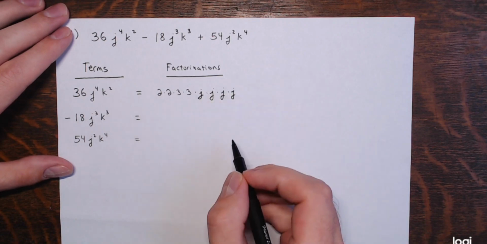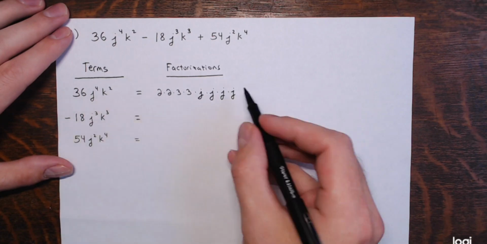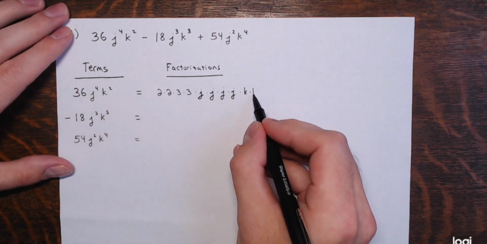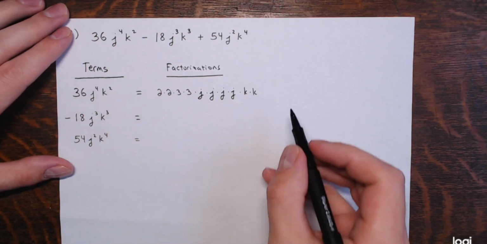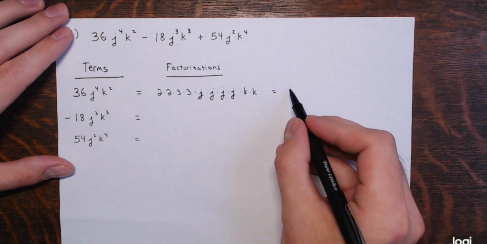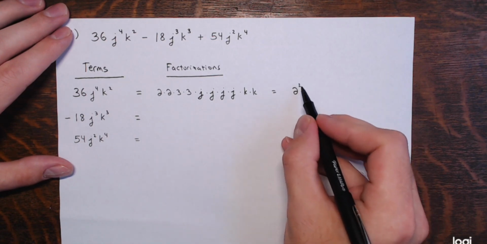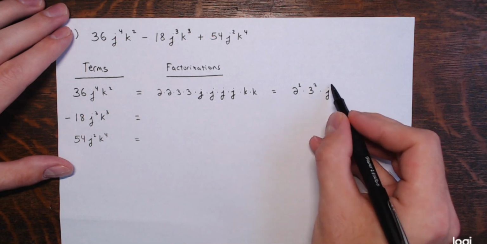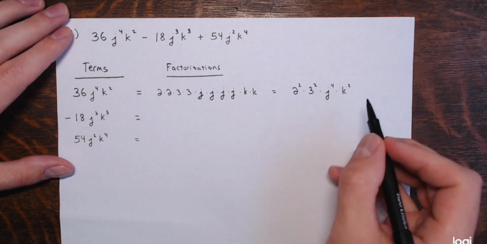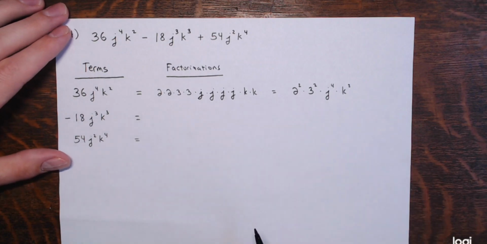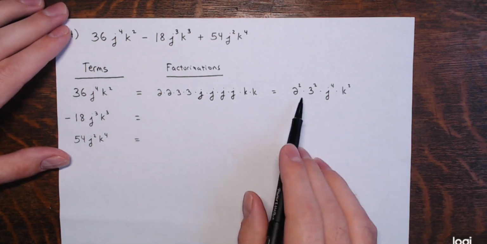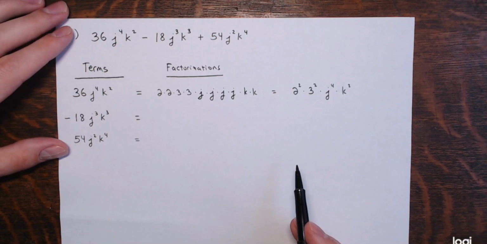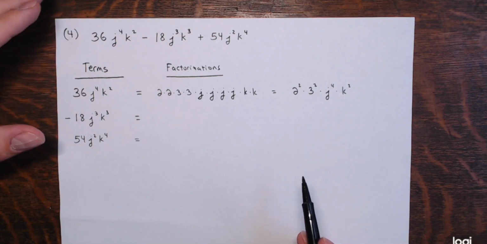There's j to the fourth times k squared, so times k times k. Or, to do the shortcut way, do 2 squared times 3 squared times j to the fourth times k squared. Both of those are fine. You've broken it down to a product of primes or powers of primes, and we're going to just treat the variables like primes.